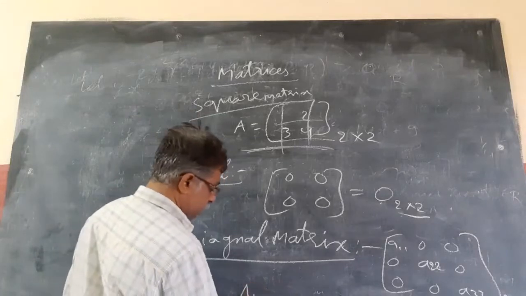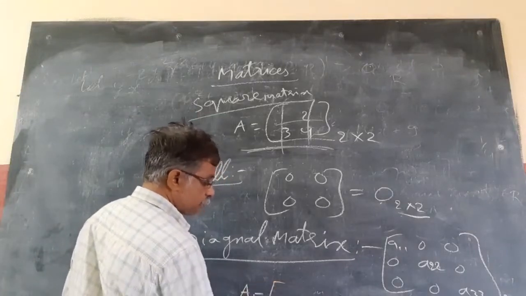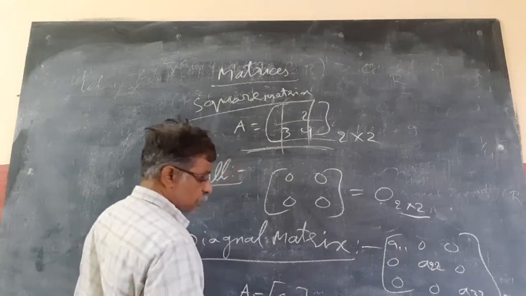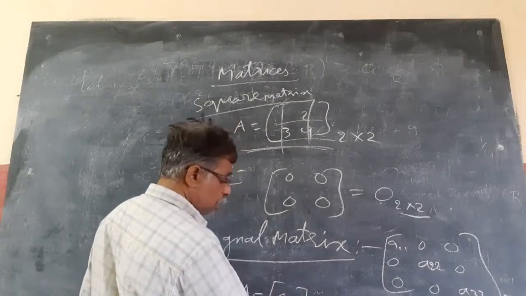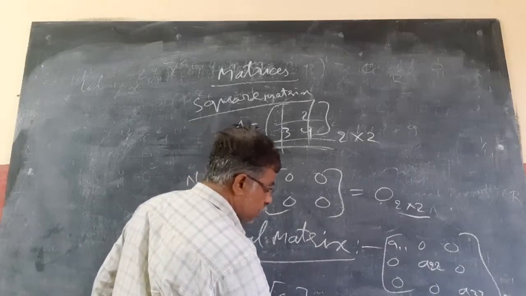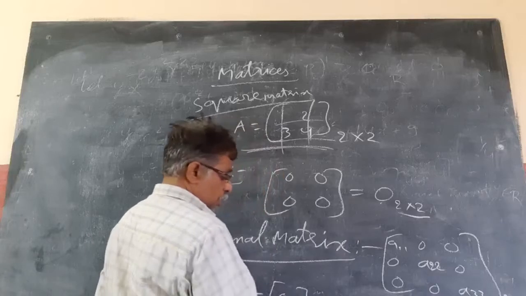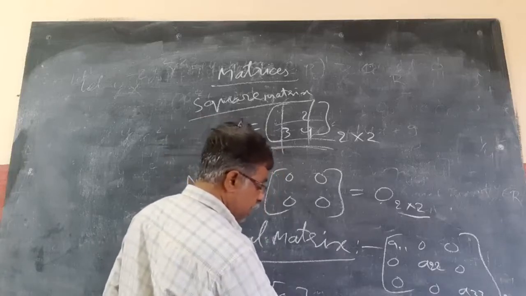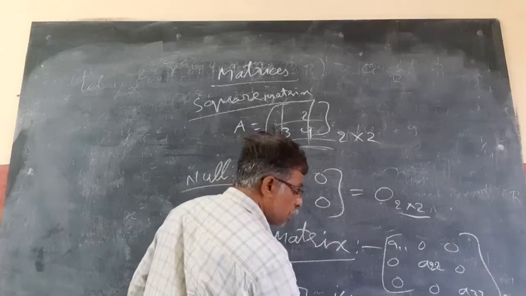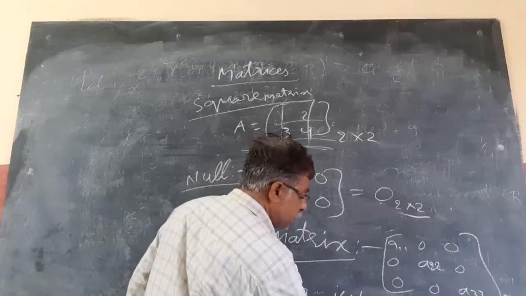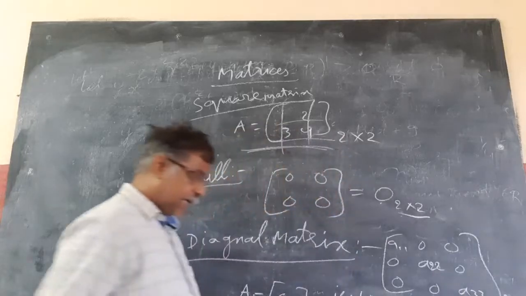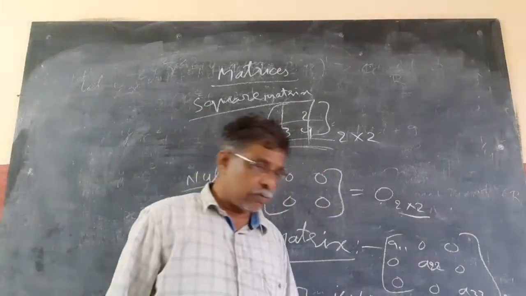This can also be represented as A equals A of ij, of size m by n, where if i not equal to j, then aij equals 0.